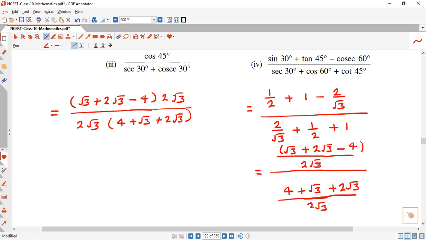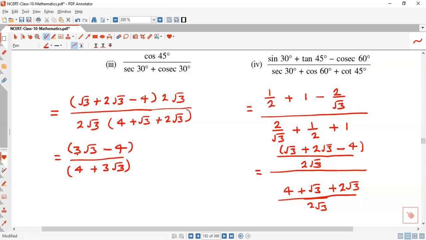The 2 and root 3 will cancel out. So we are getting, taking the sum, root 3 plus root 3 plus root 3 becomes 3 root 3 minus 4, divided by, because 2 root 3 cancels out, in the downside also we have 4 plus 3 root 3. This is the answer.